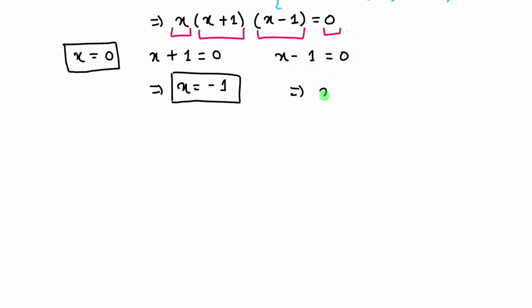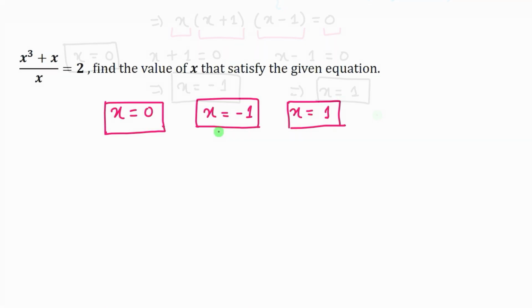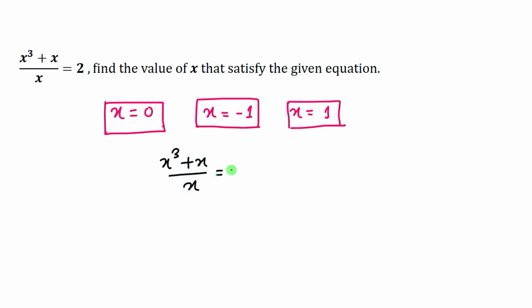So here we are getting x equals 1 as our third solution. So we got 3 solutions of x, but here we are asked to find the value of x that satisfies the given equation. Our given equation is (x cube plus x) divided by x equals 2.